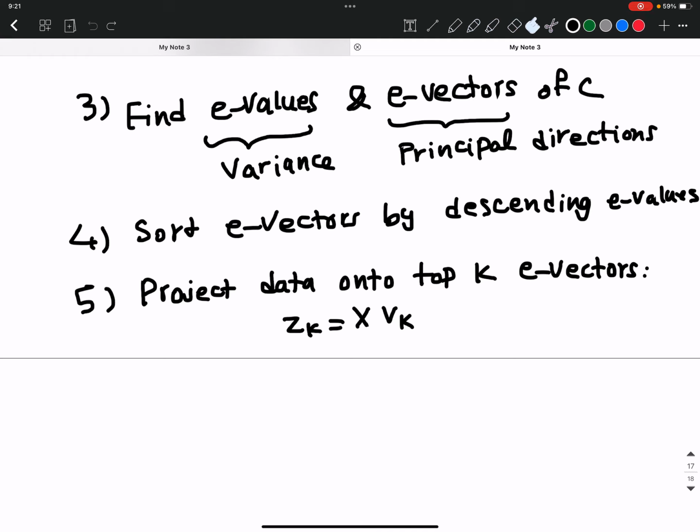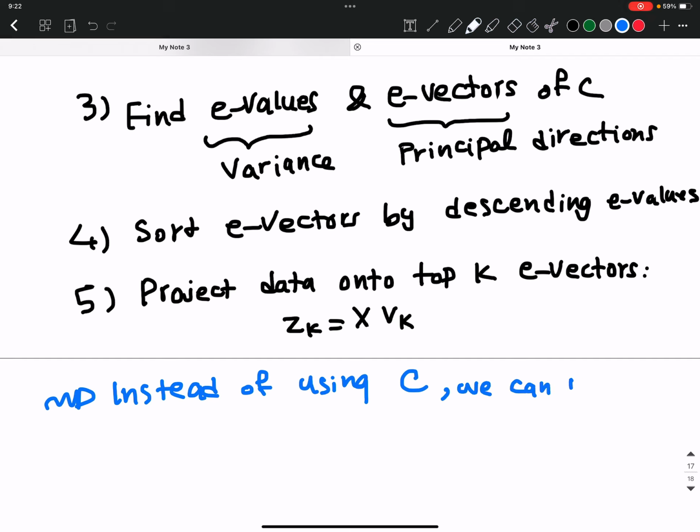Now, this will simplify our calculations, and also it would work for all the matrices, and it would give us a very nice representation. So let's see how SVD can help us here. So instead of using the covariance matrix, we can use SVD, singular value decomposition. Let's see how that works.